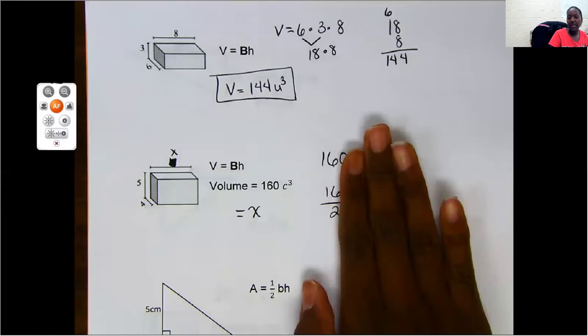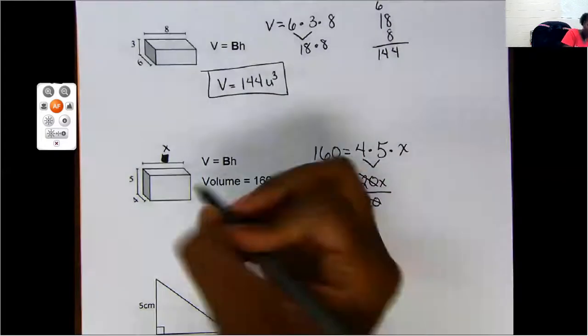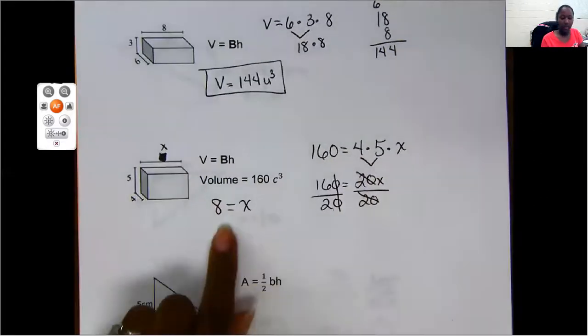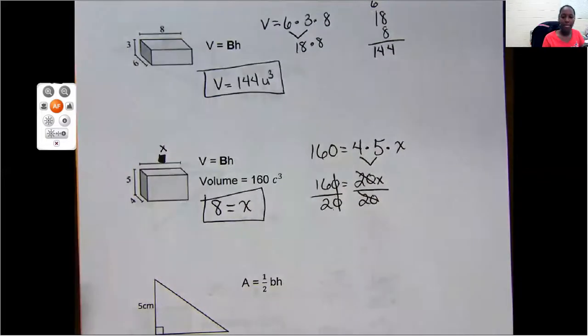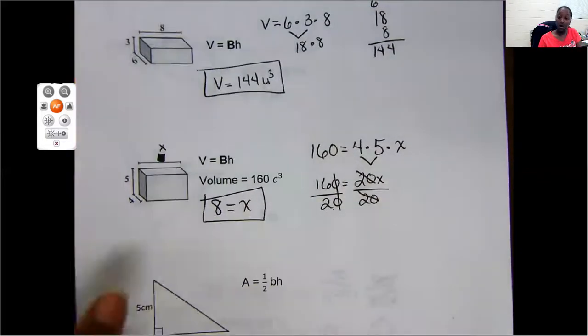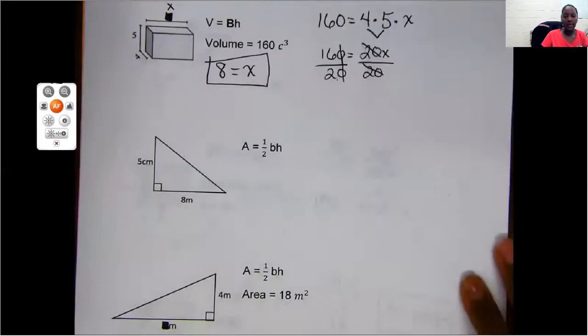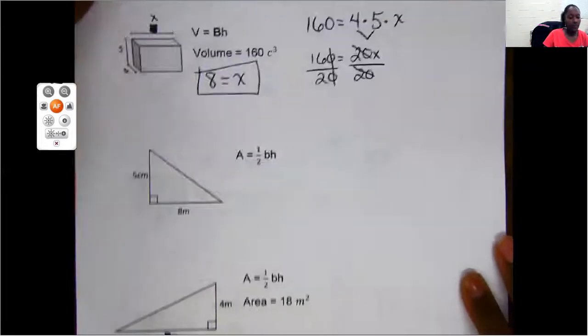Now I have 16 divided by 2. 16 divided by 2 is 8. So my missing number is 8 for my X, okay? That's how you find volume. Let's take a look at triangles.